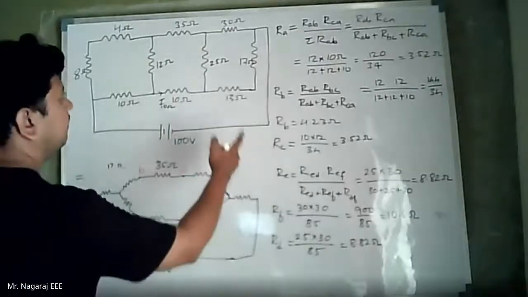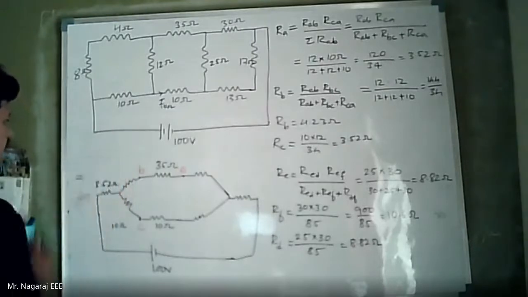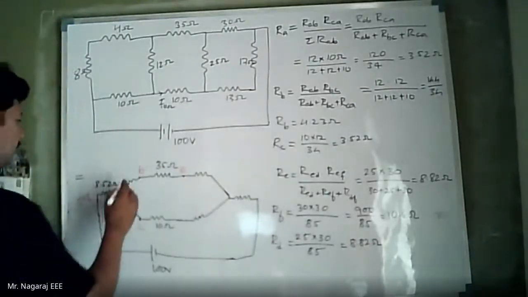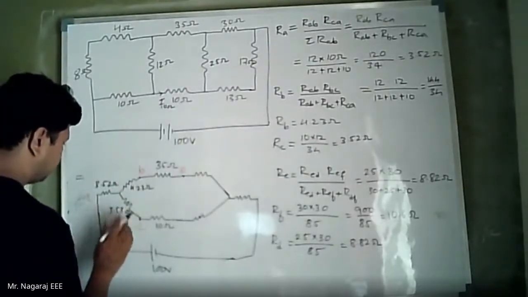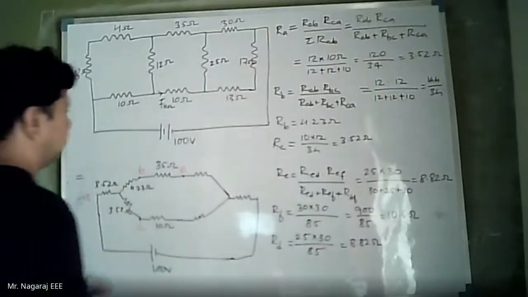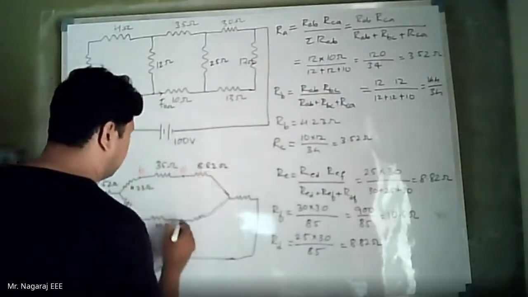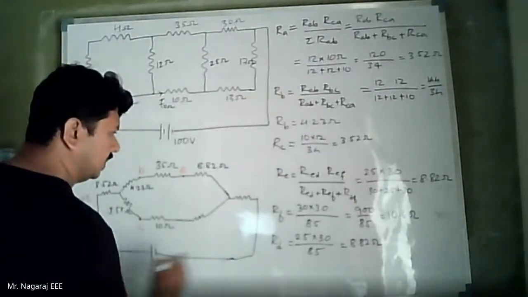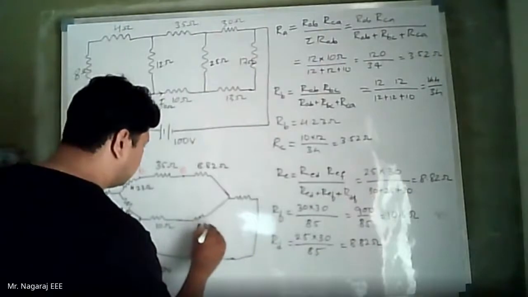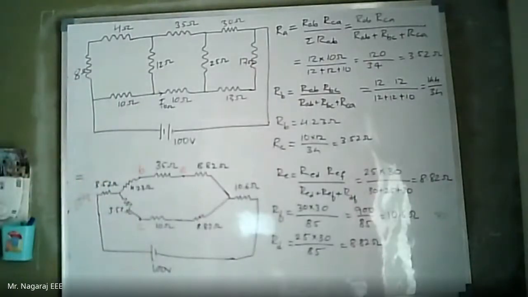So RA is 3.52, RB is 4.23, this is 3.52. Then RE is 8.82. RD is 8.82 and RF is 10.6 ohms. Now this is the new circuit.